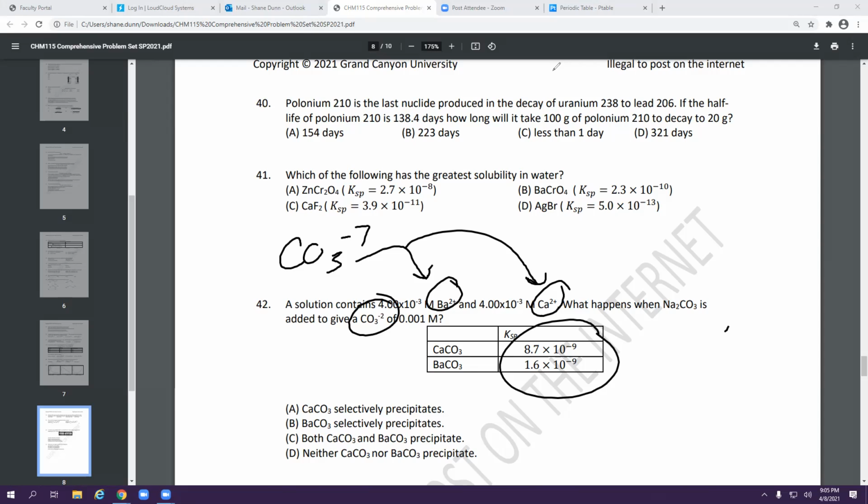If you're ever confused which one's bigger, subtract them from each other, right? 8.7 times 10 to the negative 9th minus 1.6 times 10 to the negative 9th. If you get a negative number, it means 1.6 is bigger. If you get a positive number, it means 8.7 is bigger.